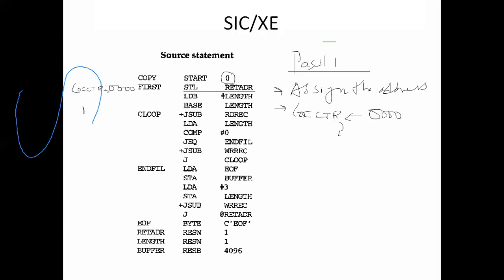So normal instruction means there are two things. One, it is a format 3. When an instruction looks normal, it is a format 3 instruction, and addressing mode can be either PC or base. So if it is a format 3 instruction, what value do I have to add to the location counter in order to find the address of the next instruction?